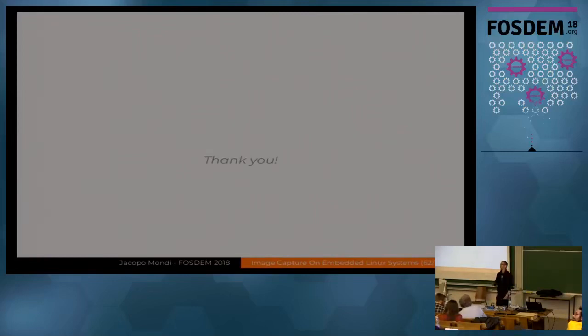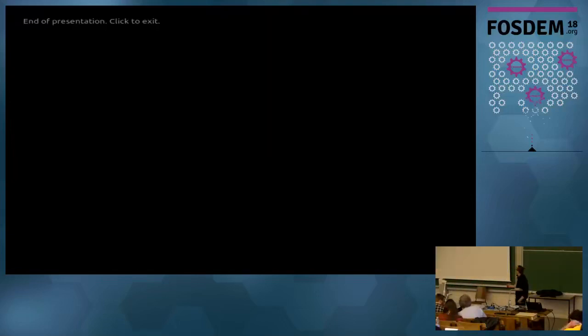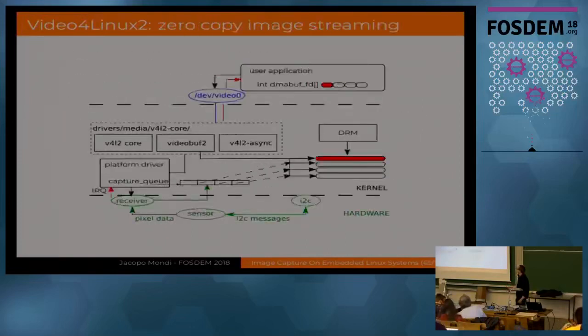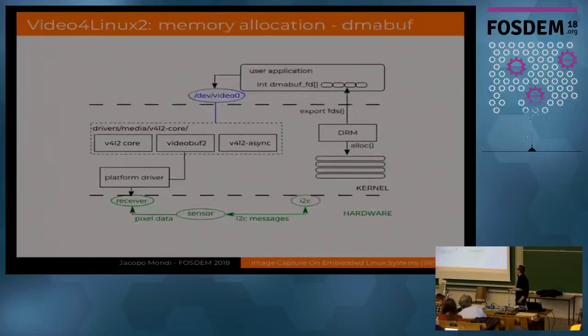Questions? Yes, so you typically have CSI-2 virtual channels with different resolutions, and how does that work? Well, on the hardware side, yes, of course, because you can mix different streams. I may try to go back to the slides here.